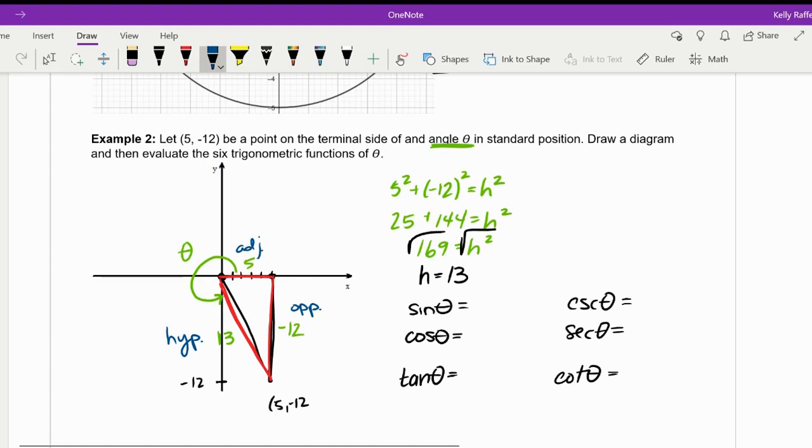So I'll give us these first three, right? Sine, opposite over hypotenuse, cosine, adjacent over hypotenuse, tangent, opposite over adjacent. So you guys can finish filling out these three.